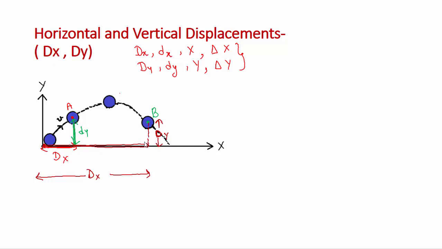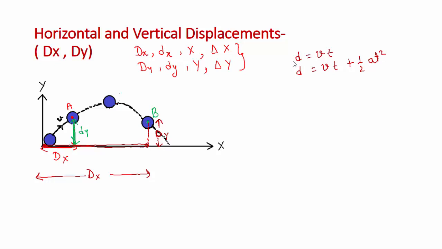We can find the formulas using kinematic equations. If there is no acceleration in the motion, then we use d equals vt to find the distance. But if there is an acceleration in the motion, then we use the formula where we add a term half at square to the same formula.